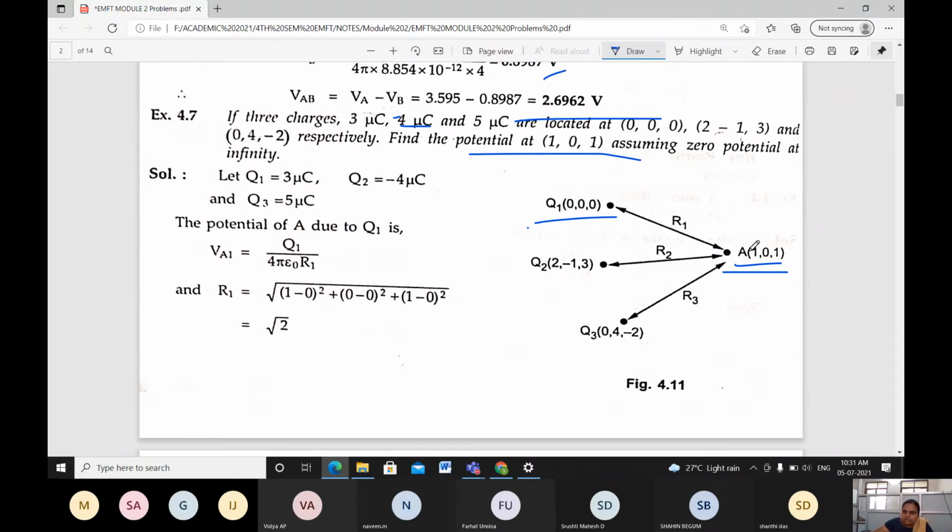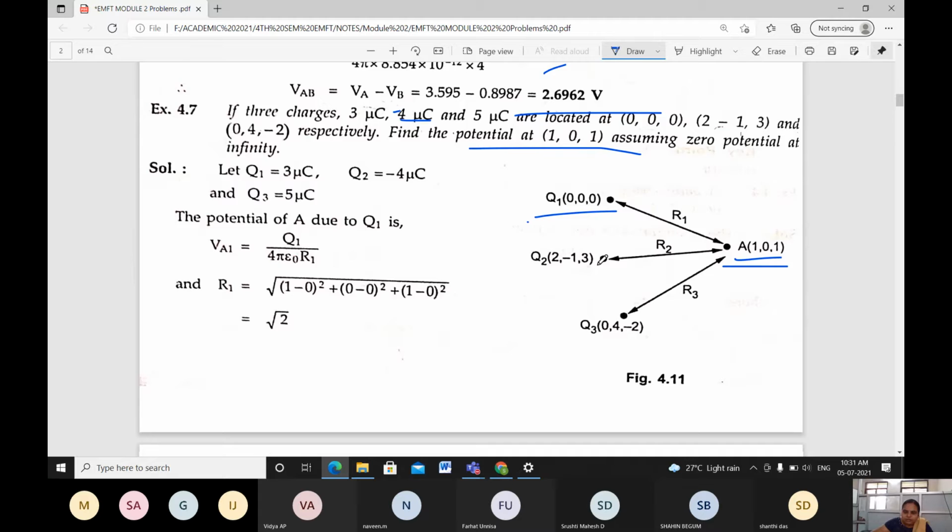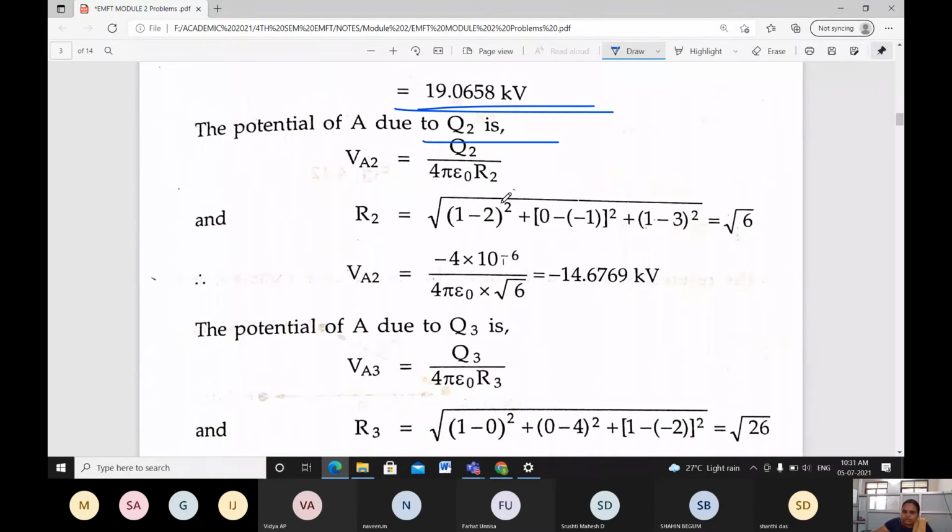R2 is the distance between A and Q2, where it is 1 minus 2, 0 minus 1, 1 minus 3. Then take the square of those and take the square root, then you will get square root of 6. VA2 is going to be equal to minus 4 into 10 raised to minus 6 divided by 4 pi epsilon naught into square root of 6. Calculate for this, you will be getting minus 14.6769 kilovolts.